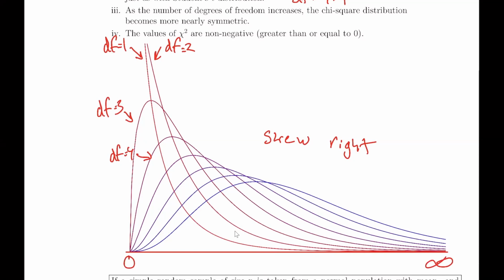Just note, it doesn't start off symmetric, but if you get a big enough sample size, it will start becoming more and more symmetric. And lastly, just know that the chi-square distribution always starts off at 0 and works its way up to infinity. So those are all of the possible things for the chi-square distribution.